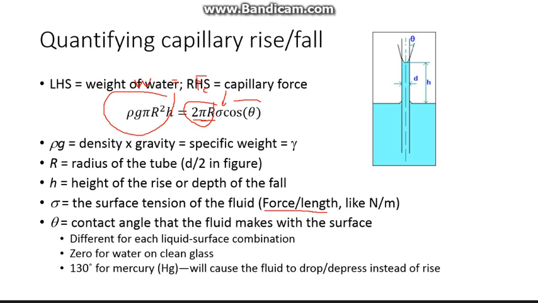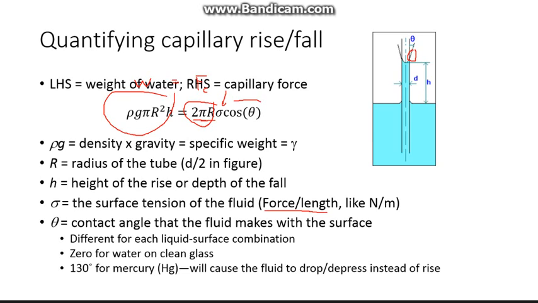The contact angle is an interesting property. It's a property of both the fluid and the surface, so you think of it being a little different if you had water on glass versus water on concrete, or gasoline on steel, these sorts of things. You need the combination. Turns out it's about 0. It's a very flat interface. So right here, that theta, that angle, gets very flat for water on clean glass.